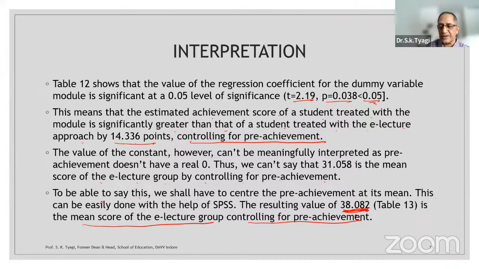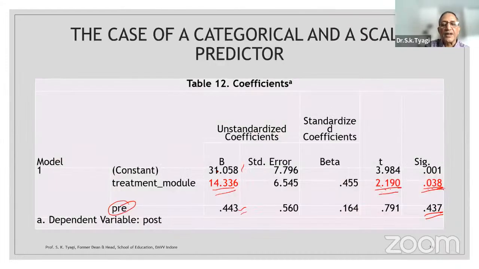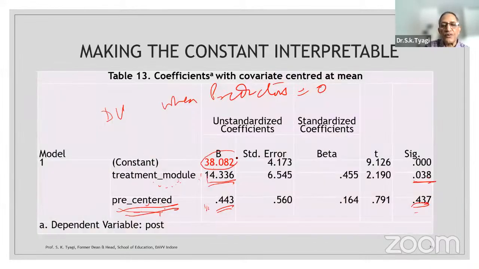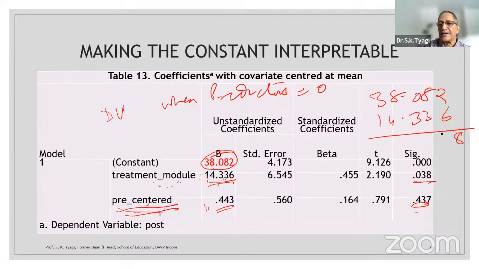Okay, this is nothing but the mean score of the e-lecture group, controlling for the pre-scores. And add to it 14.336: 38.082 plus 14.336 gives 52.418.